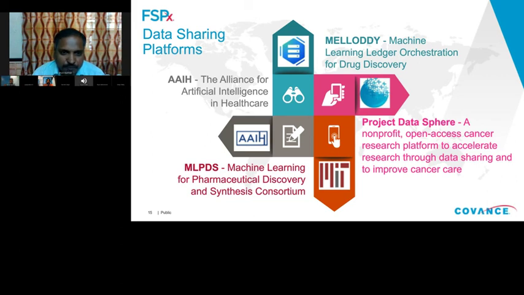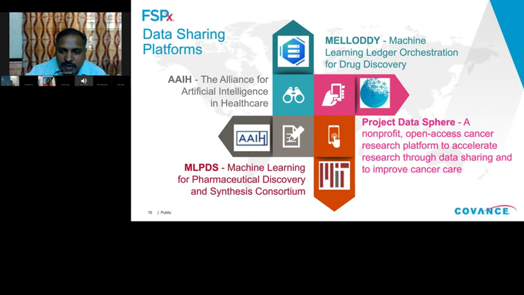They are trying to pull in all the historical research data of cancer, which will help the researchers to understand and come up with novel therapies. And definitely this is also supported by analytics technology such as SAS. Some of the key players in DataSphere are again Amgen, Bayer, AstraZeneca, Janssen, Sanofi, Takeda, and we have the US FDA also as a partner in Project DataSphere.